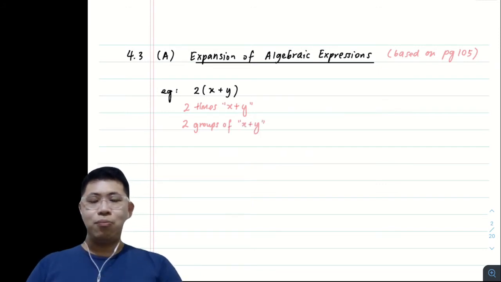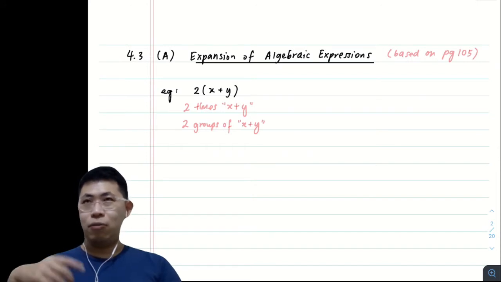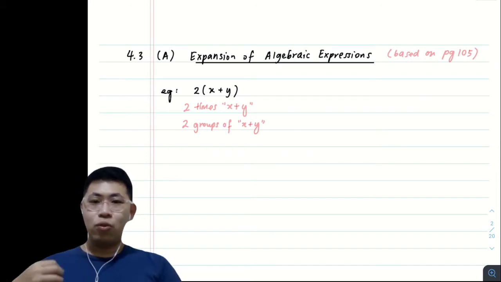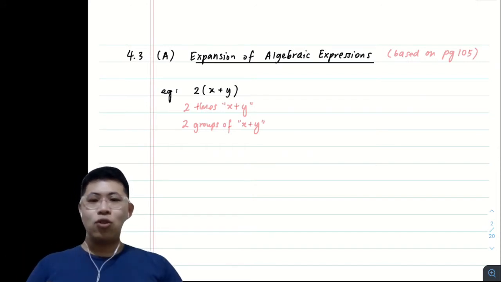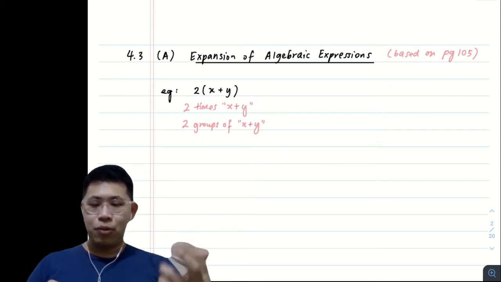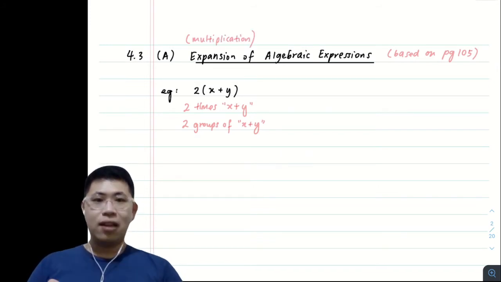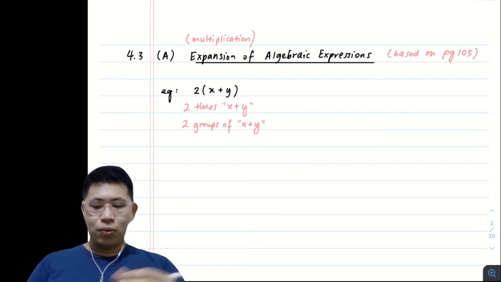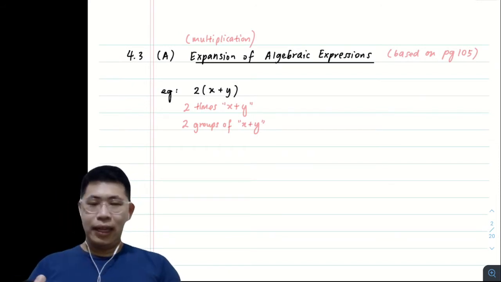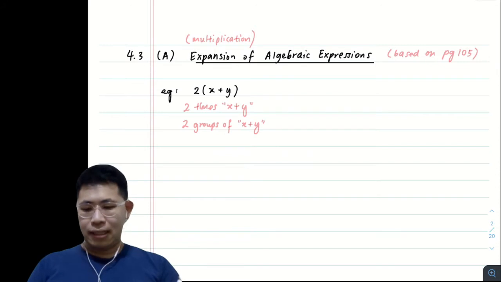Bracket means times, or if you think about times, you're thinking of 2 groups of x plus y. So by looking at times, what we're actually doing is looking at the multiplication of algebraic expressions.